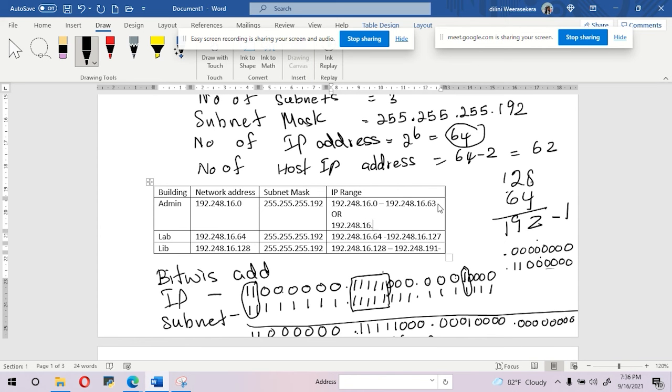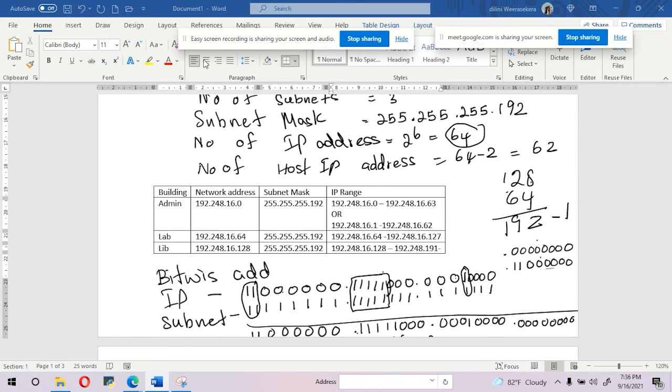First host address is 1. The last host address is 192.248.16.62, because 63 is the broadcast address. So 62 is the last host address. So that also can be done like this.